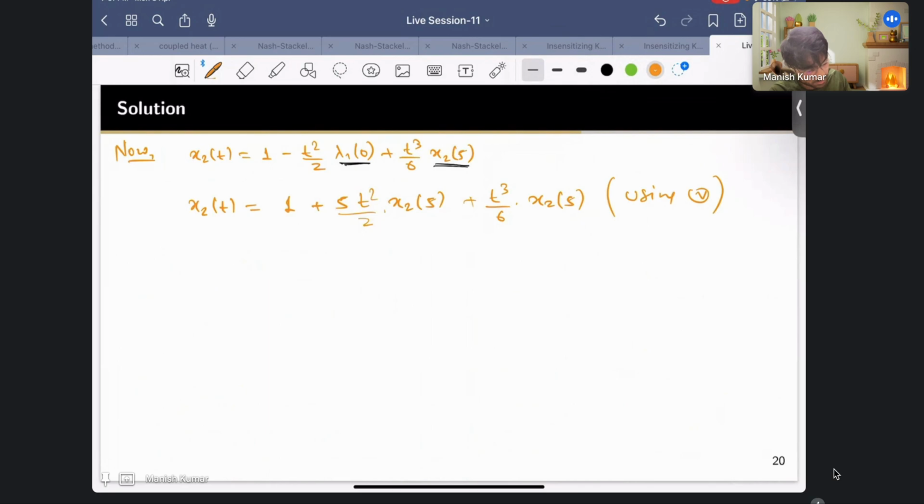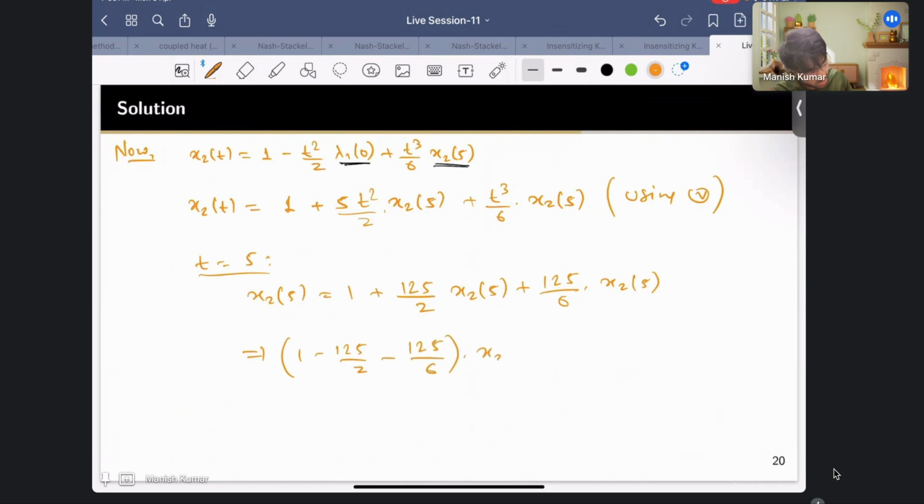Now it's clearly just a system. So you substitute t equal to 5. If you put, you get x2 at 5 equals 1 plus 125 by 2 x2 at 5 plus 125 upon 6 times x2 at 5, right? You can solve: 1 minus 125 upon 2 minus 125 upon 6 into x2 at 5 is equal to 1, right?